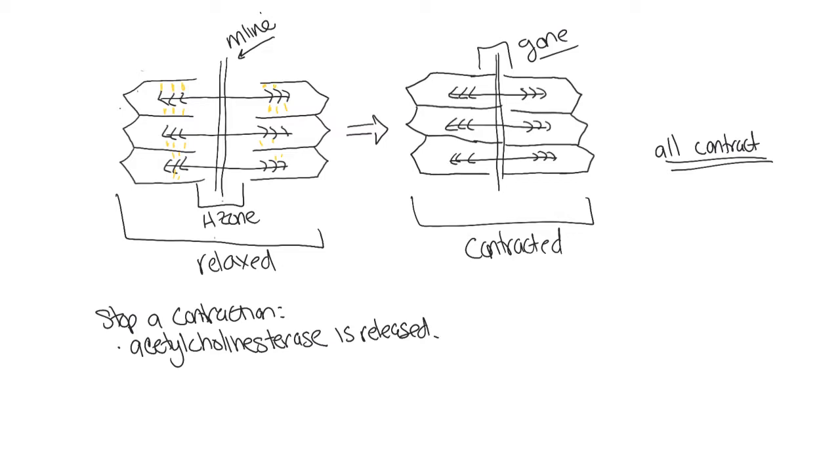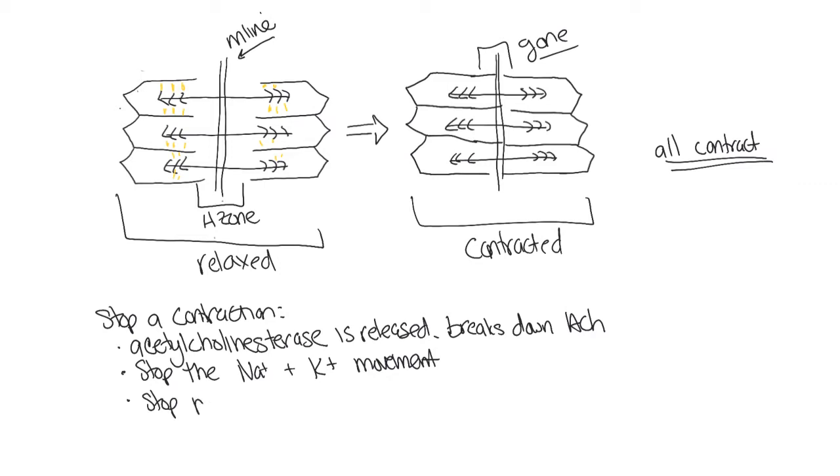So right as the contraction starts, as the action potential moves down, on top of all those steps happening, we have acetylcholinesterase being released. The acetylcholinesterase is going to break down the acetylcholine. When the acetylcholine is broken down, it's going to stop the sodium and potassium movement, which stops the new impulse.